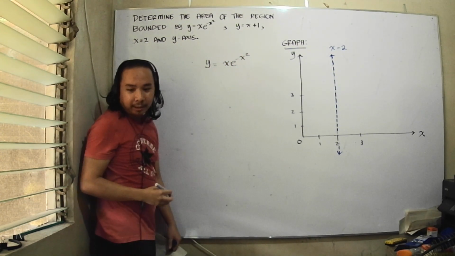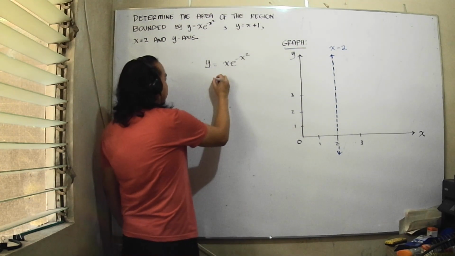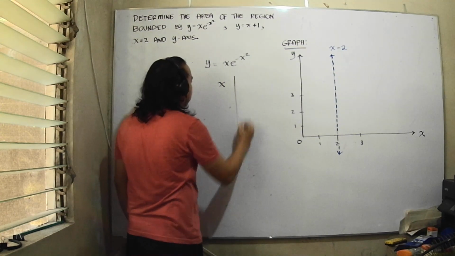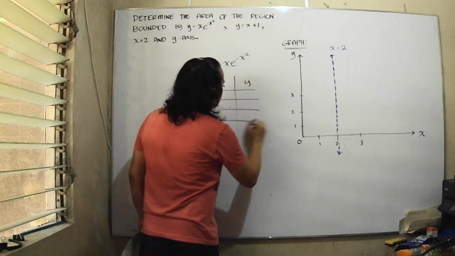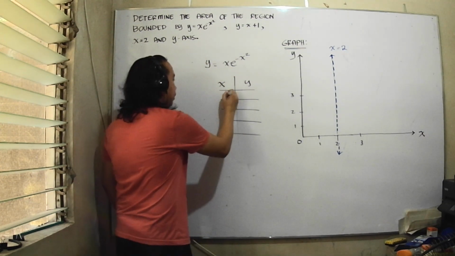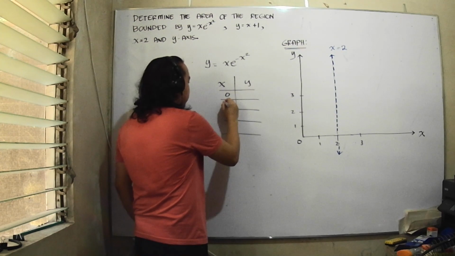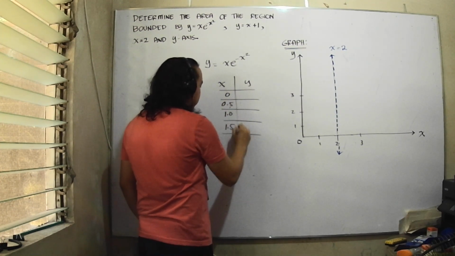How do you plot that? You can just grab your calculators and make a table. Let's say x is 0, 0.5, 1.0, 1.5, then 2.